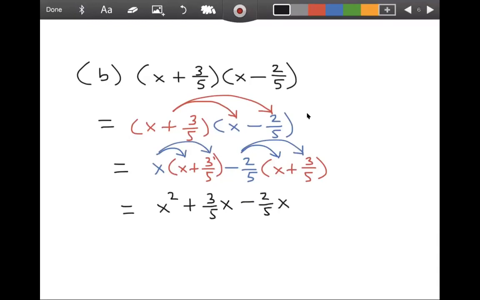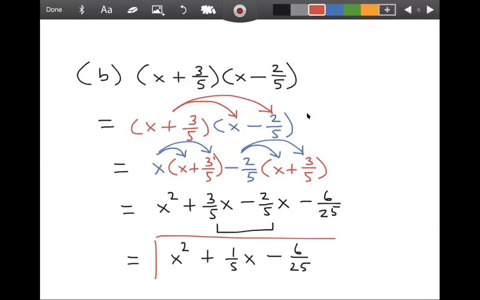And then negative 2/5 times 3/5 is negative 6/25. Combining the like terms, since 3/5 minus 2/5 is positive 1/5, the final answer is x squared plus 1/5 x minus 6/25.